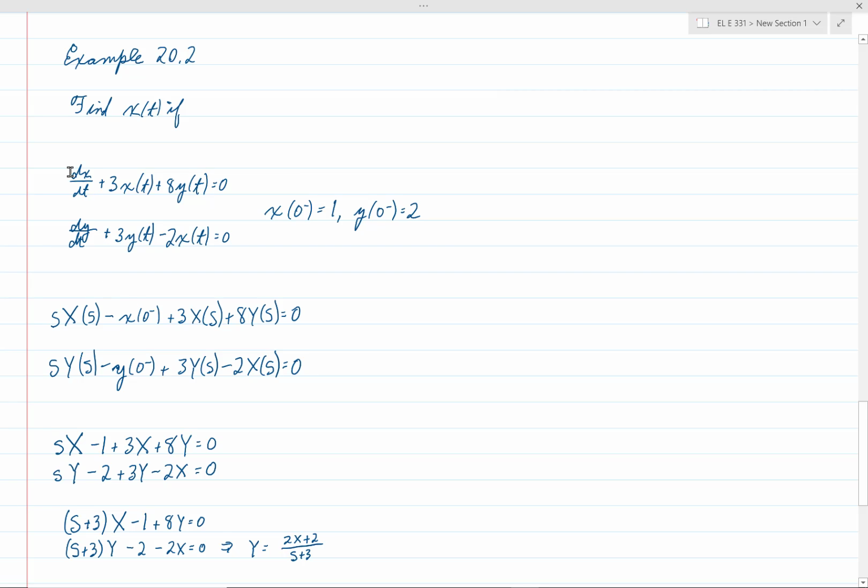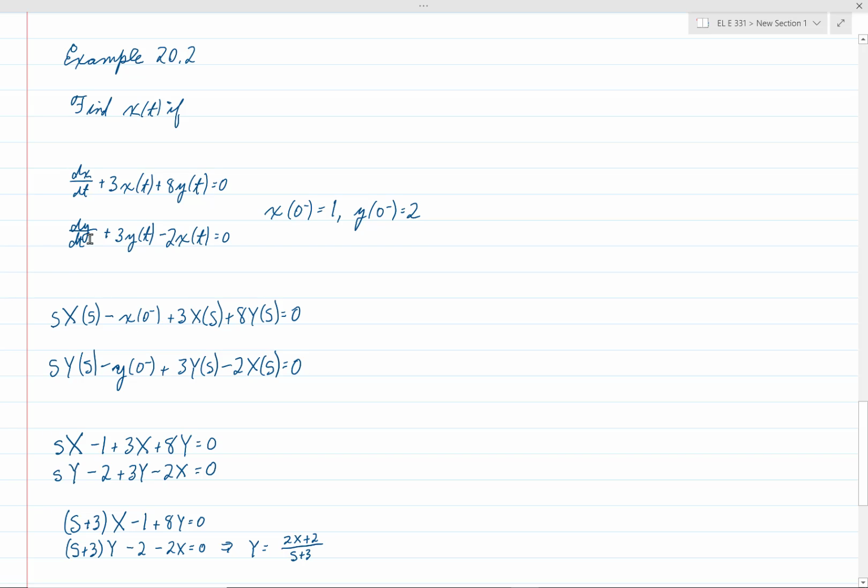So when you take the Laplace transform of the derivative, you again look at your table and you can see that the Laplace transform of a derivative is S times the Laplace transform of the function minus the function itself evaluated at 0 minus.